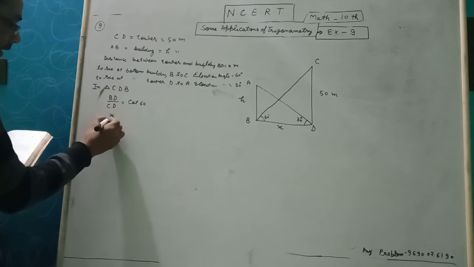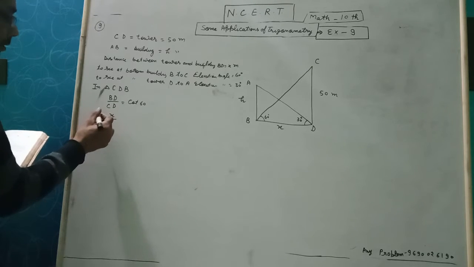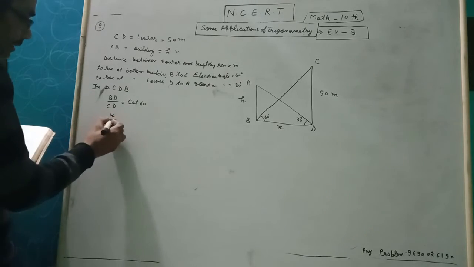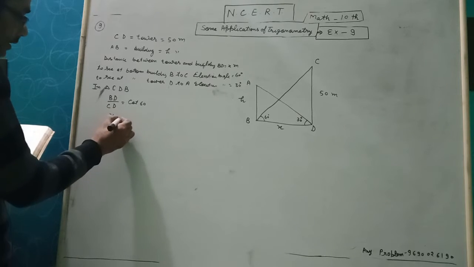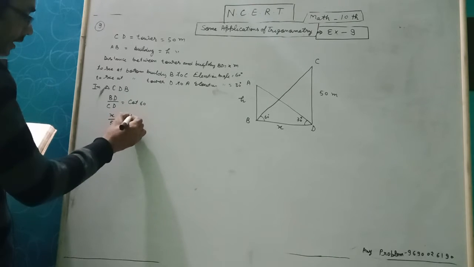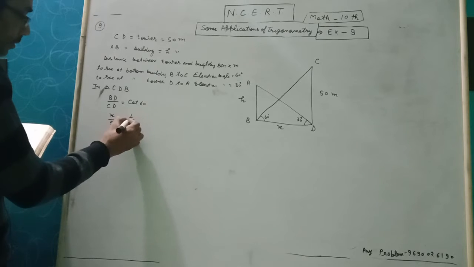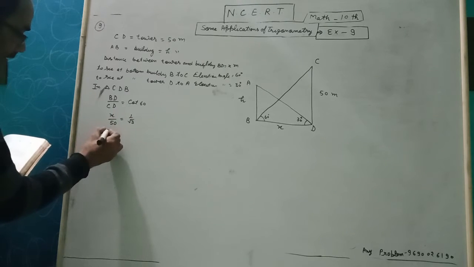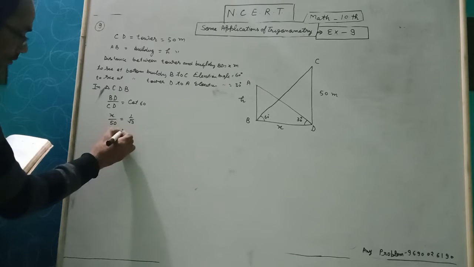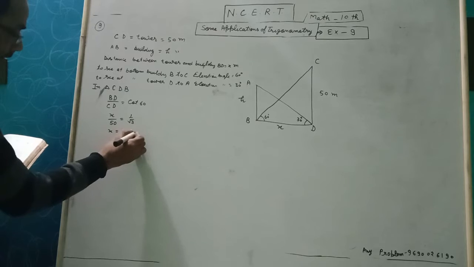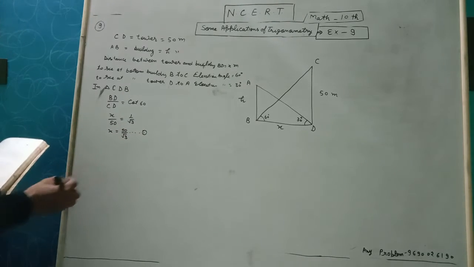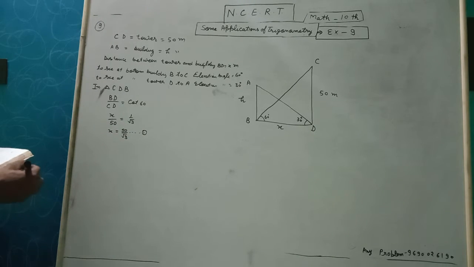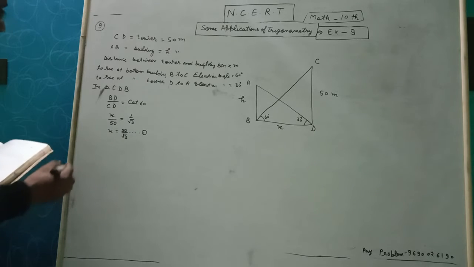BD value x upon CD value 50 is equal to cot 60 value, 1 upon under root 3. After cross multiply, x is equal to 50 upon under root 3. That is equation number first.